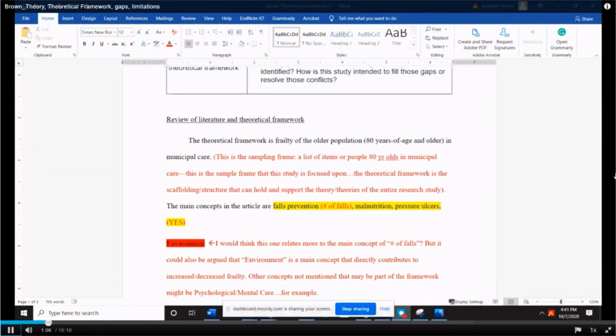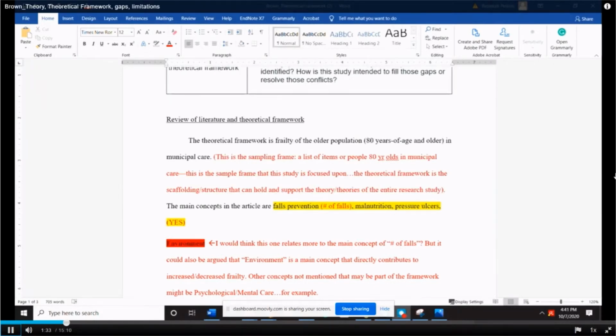The umbrella is the theory itself, the canopy part of the umbrella, but then all the spokes are what hold the umbrella open. Those spokes can lead to the constructs and the concepts, which then can be tested using variables in the methods section, and then the results lead back to supporting the theory.